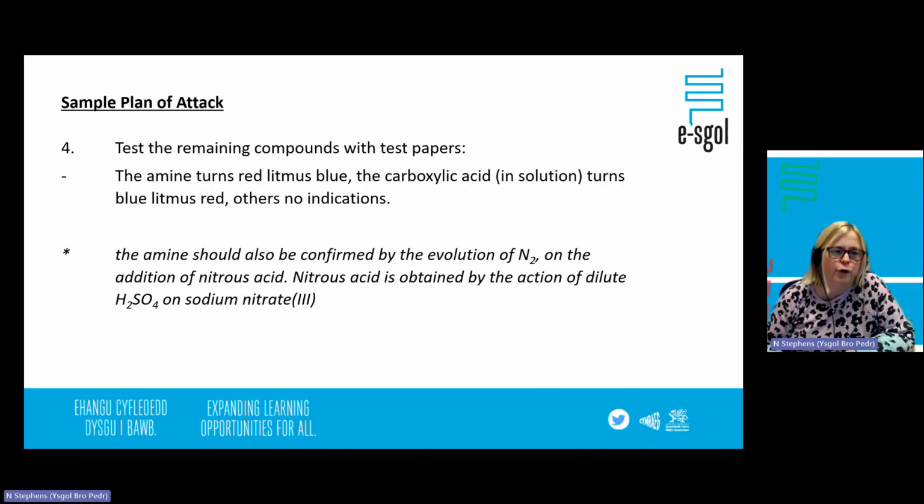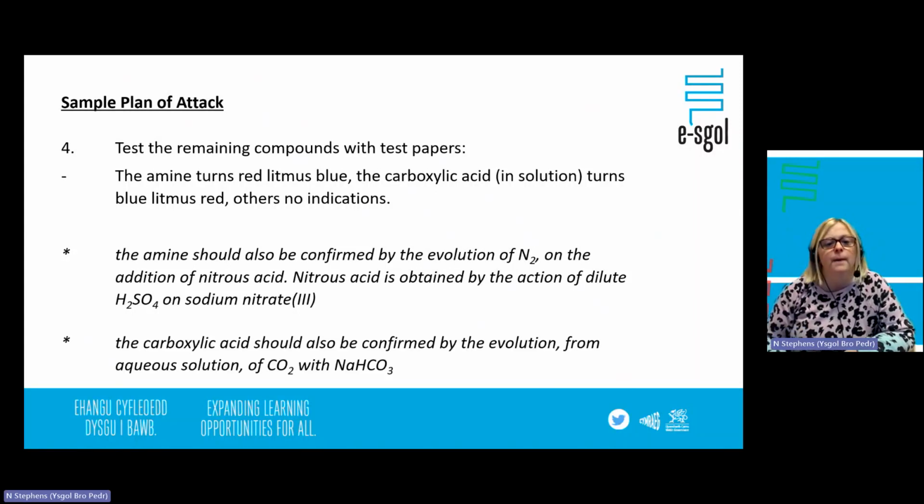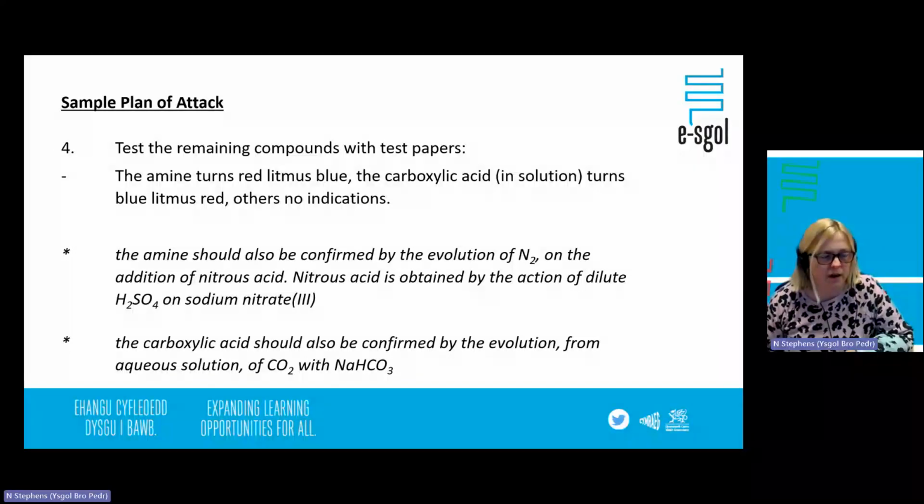You can further confirm the acid by evolution of CO2, which can be confirmed with lime water, that is your choice. But we know that an acid will evolve CO2 when you add a carbonate or a hydrogen carbonate, of course. So we've now got 5 of the 8 confirmed.